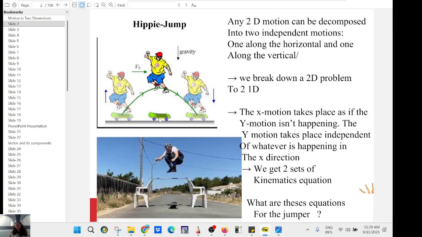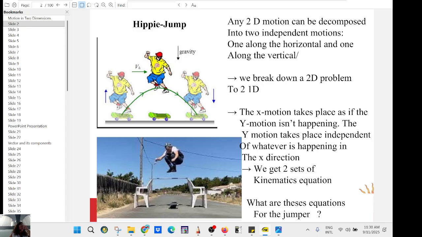If you put a little GoPro camera on the skateboard, relative to the skateboard you're just going up and down. From the point of view of the skateboard, you're going up and down. From someone looking from the outside, you describe a parabola.